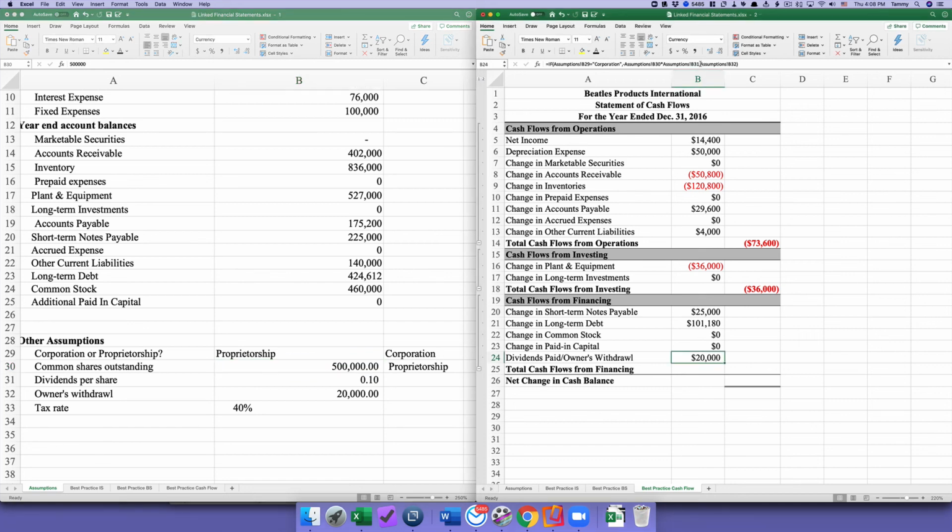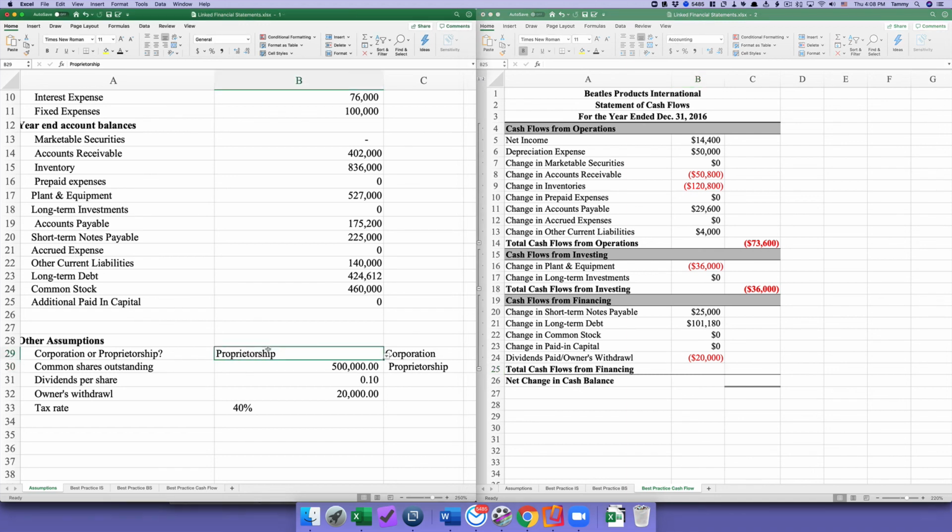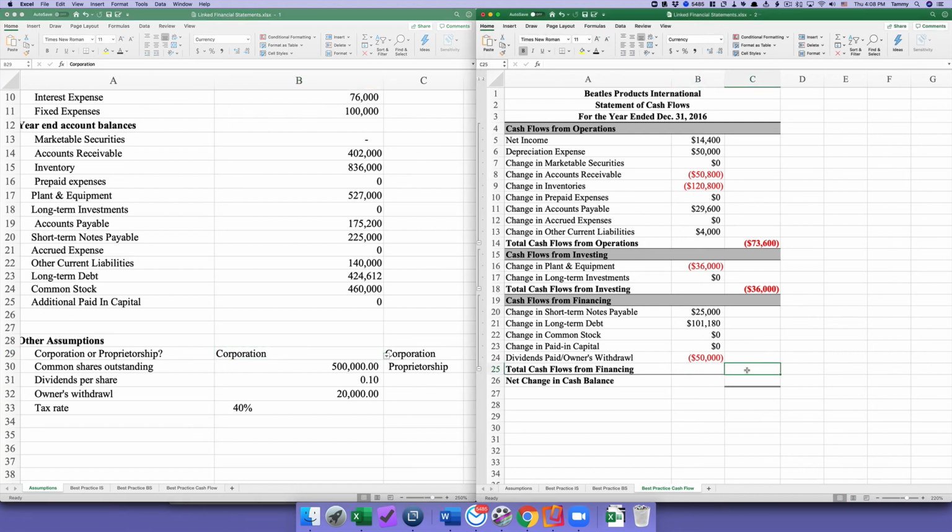I need to change that formula to pick up the negative of $20,000 because that was a withdrawal, right? So if I say proprietorship, it gives me a negative 20,000. If I say corporation, it gives me a negative 50,000. Isn't that cool? All right, so now our total cash flows from financing, just as above, sum of all these.